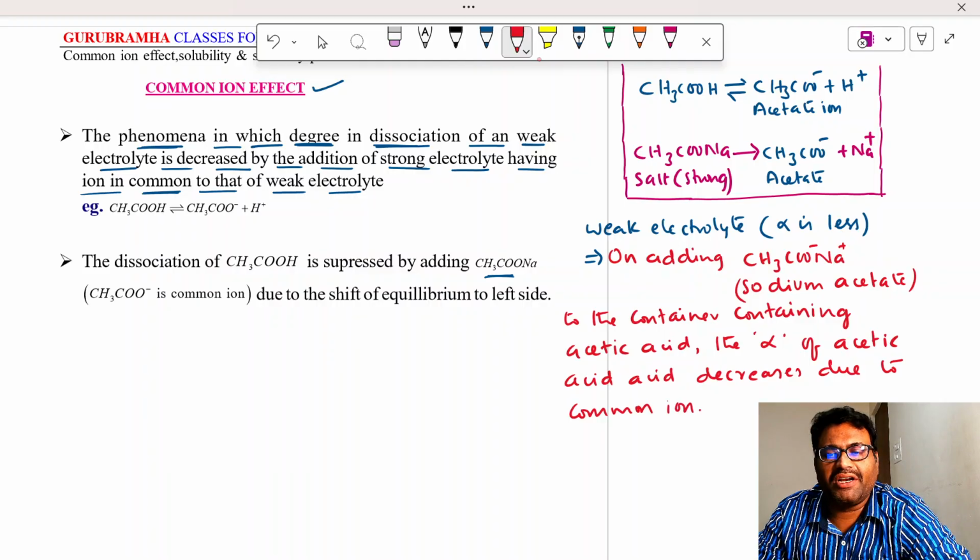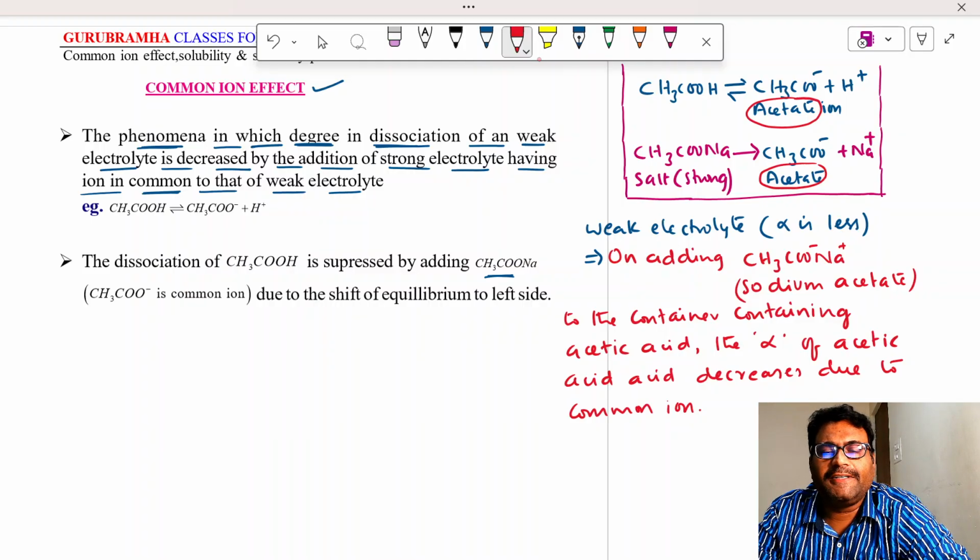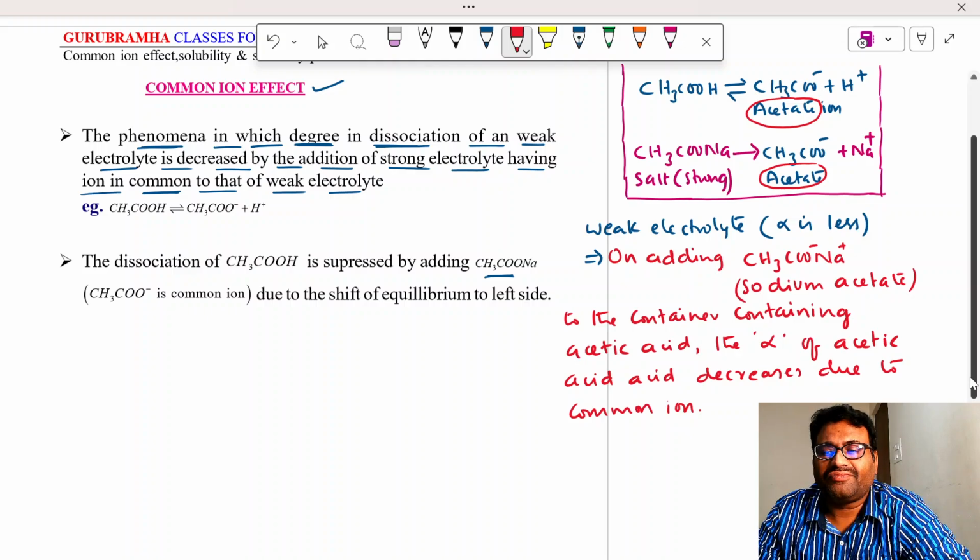So what is the common ion here? Acetate ion is the common ion, right? Due to this common ion, the degree of dissociation is decreasing. Due to the decrease in the degree of dissociation, there is a decrease in the solubility of acetic acid.